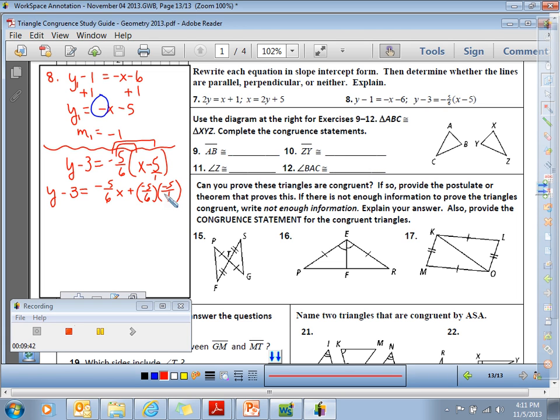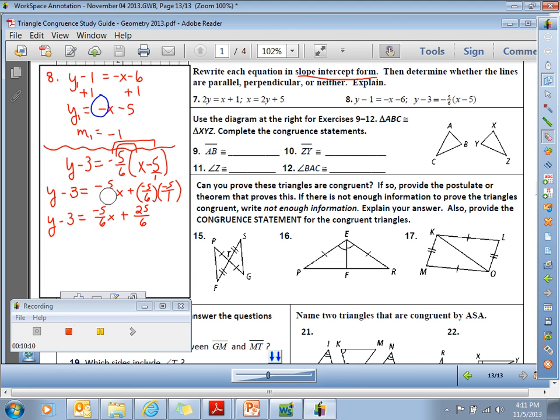We already know what the slope is, but I'm going to go ahead and put it in slope-intercept form because that's what the directions tell me to do. So negative 5 times negative 5 gets a positive 25 over 6. And I'm going to add 3 to both sides.